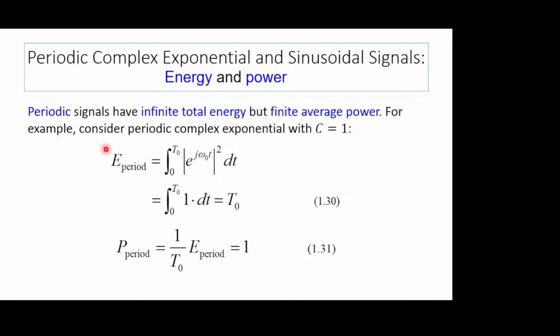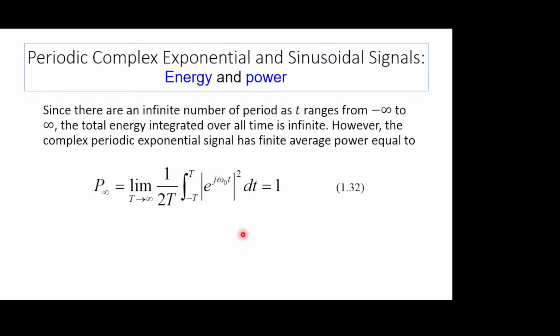Okay. So nothing too special, but we can calculate the power of our complex exponential. The power is the absolute value squared of e to the j omega t. But e to the j something has absolute value 1, so the power is 1. And so the energy over a period is just the length of a period, and the average power is 1, as the instantaneous power is 1.